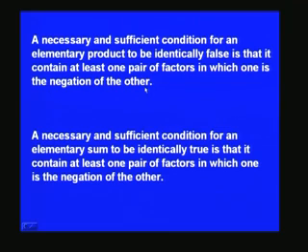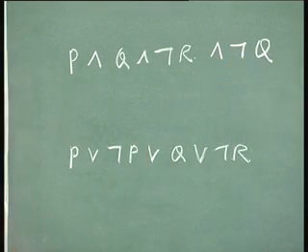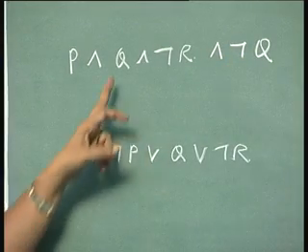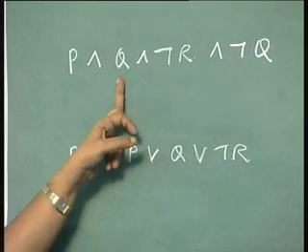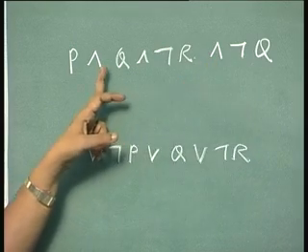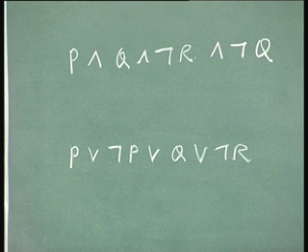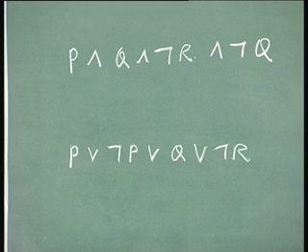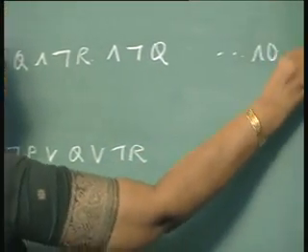Suppose I have an elementary product like this, and it contains one pair of literals where one is the negation of the other, Q and not Q. Then this becomes identically false, because Q and not Q is 0, that is false, and something and 0 is 0.